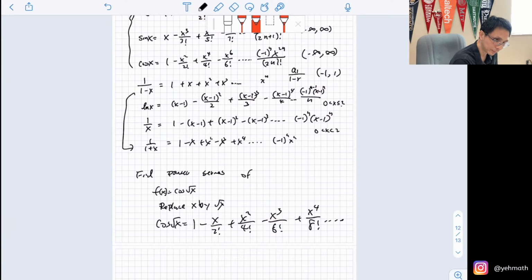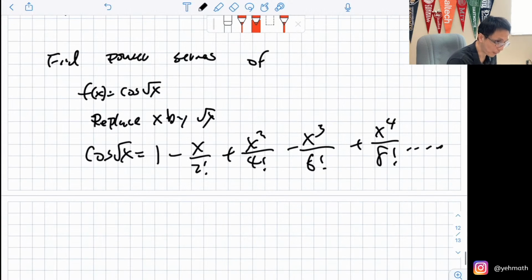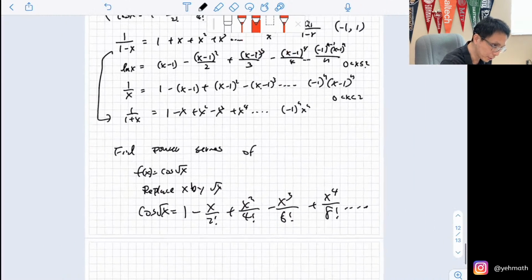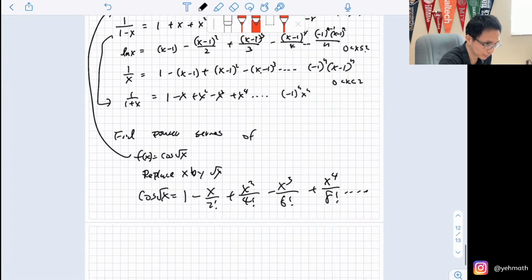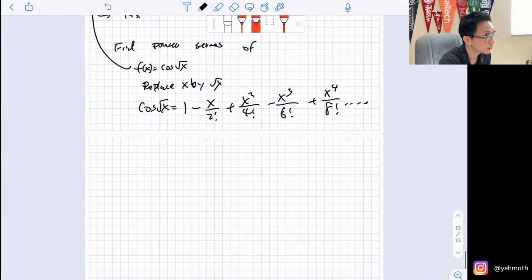Could you zoom in on that again? So the power series of cosine square root of x, right? What we're going to do is use this here, and replace all the x with the square root of x. Am I going too fast? No. It's super easy. It's not something very difficult. Wait, that's all you have to do? That's all you had to do.